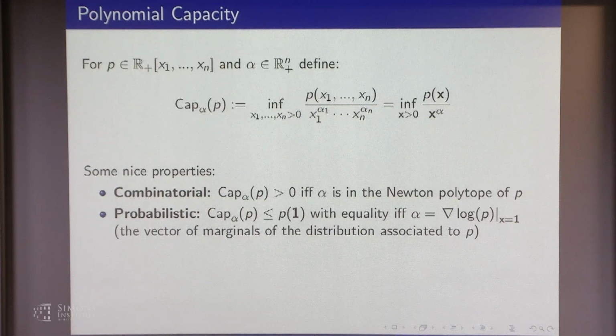So if P were the probability generating function of some distribution on finite subsets of the numbers 1 through n, then the coefficient of a certain monomial is the probability that the exponent of that monomial is picked as a subset of 1 through n. Then this quantity is exactly the marginal probabilities of that distribution.